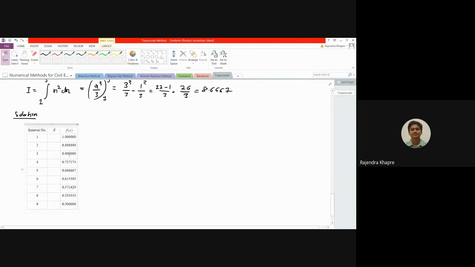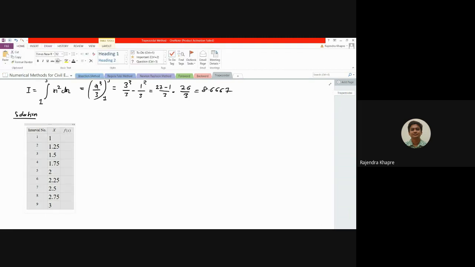This will be 1, and this will be 3. In between you will have 2, here 1.5, here 2.5, this will be 2.75, and this will be 2.25. This will be 1.25, and this will be 1.75. So corresponding y values you will now have to calculate.